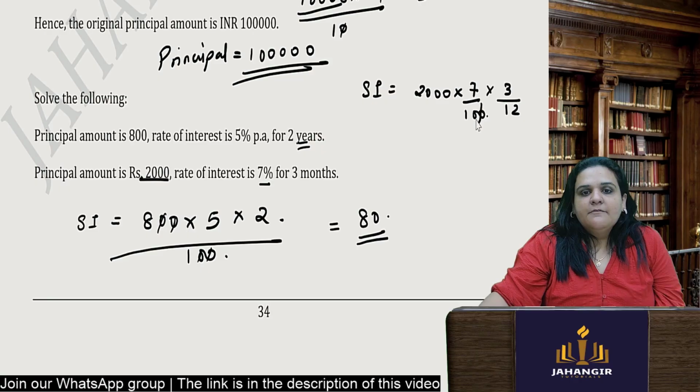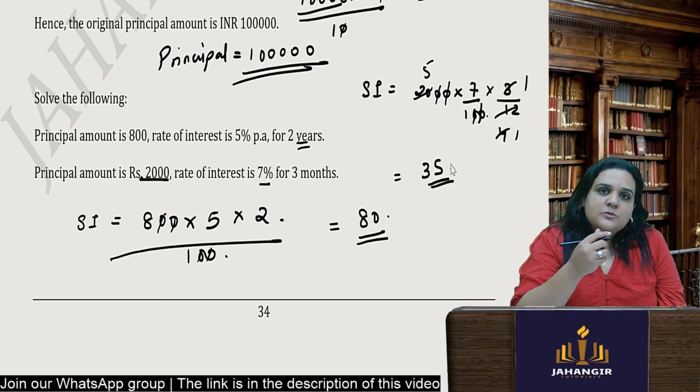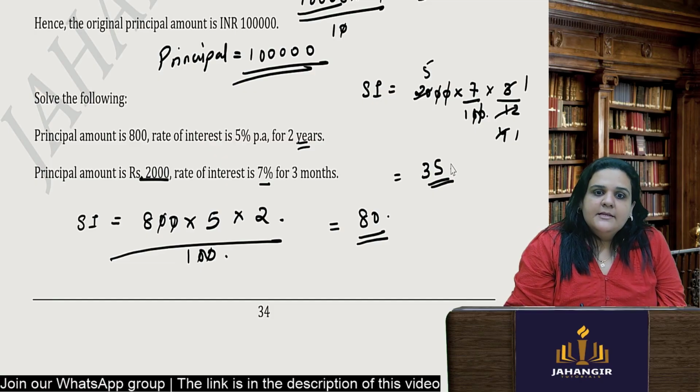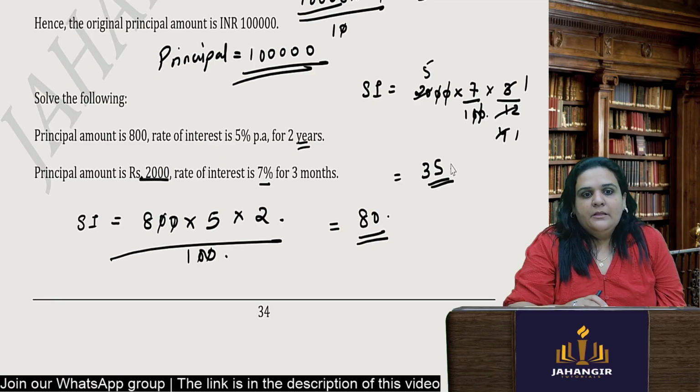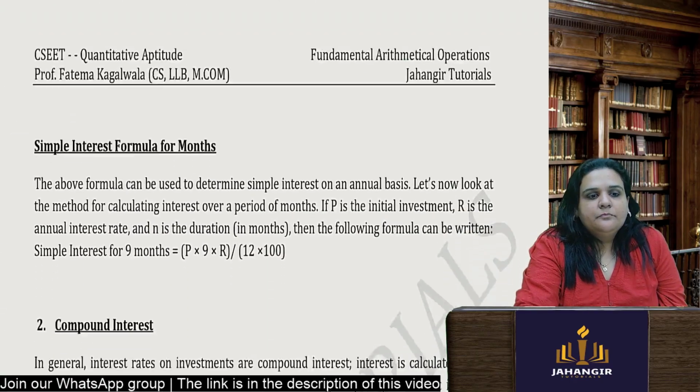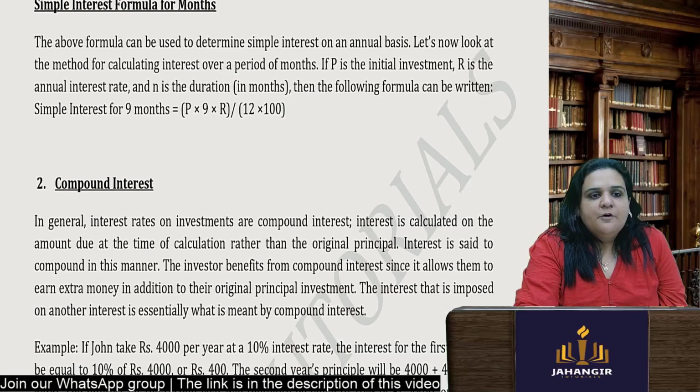This you can simplify. 3 1s are 3, 3 4s are 12, 4 1s are 4, 4 5s are 20. So you will get the answer as 35. If you invest 2000 rupees at 7% rate of interest for 3 months, you are going to get an interest of 35 rupees on that. So the simple interest formula is done.